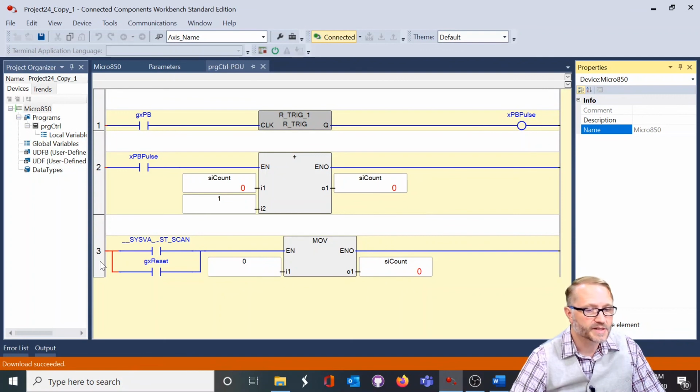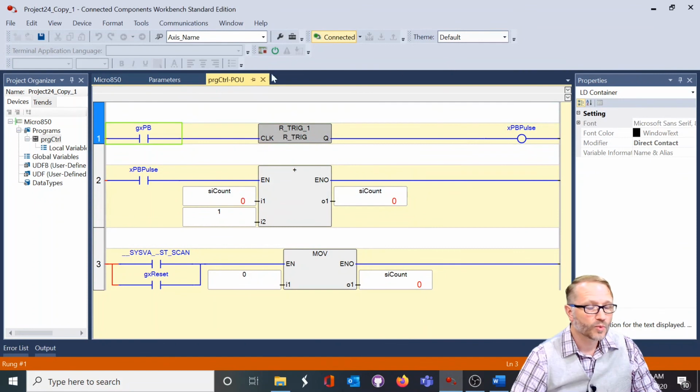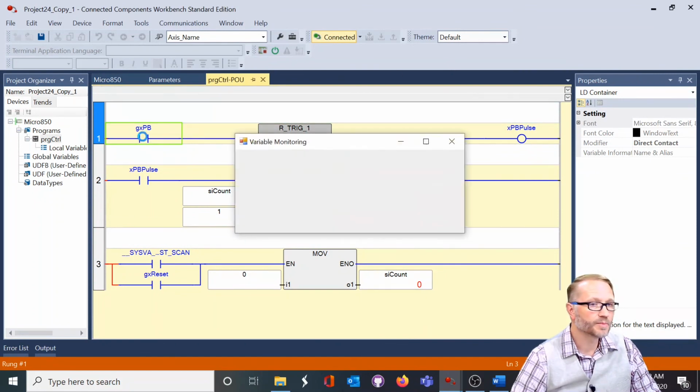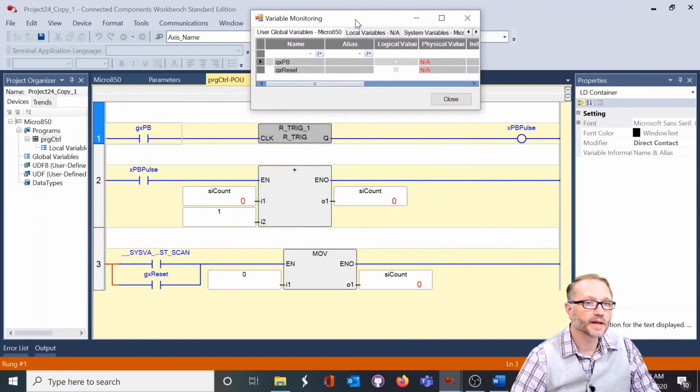Rung 3 is used to reset our short integer count. So if either of these conditions are true, if we are performing the first scan of our PLC operation, or if this global reset button is pushed, then the value of 0 will be stored in short integer count. We can demo this program by opening a window, get it out of the way, and then toggle the push button.